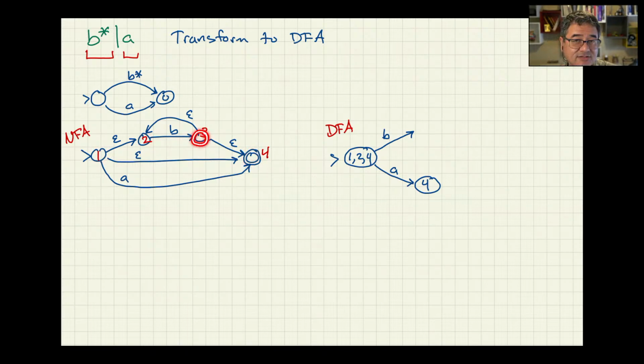But because there's an epsilon coming out of 3, I could also find myself back in 2 again. So again, if I leave 1, 2, and 4, and I follow the B, I'll wind up in 3, but I'll also wind up back into 2. So following the B transition, I'll find myself in rooms 2 and 3.